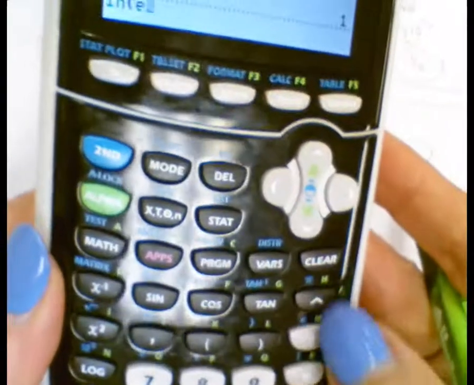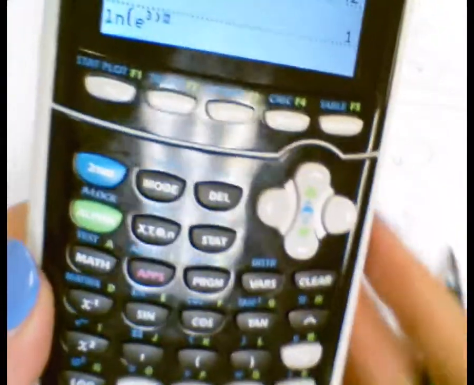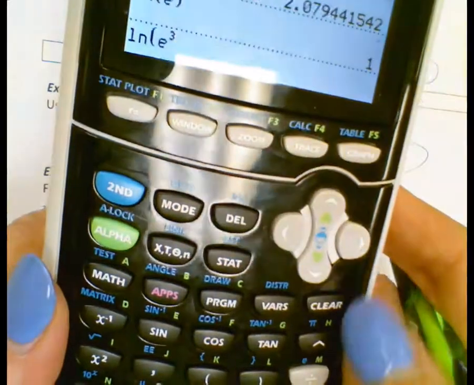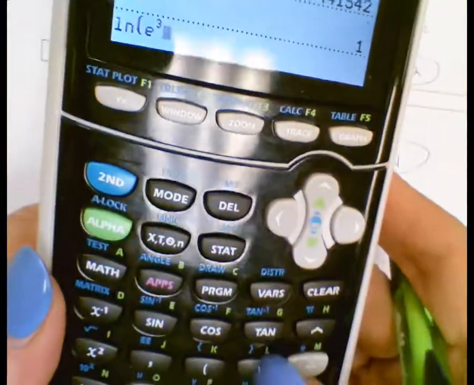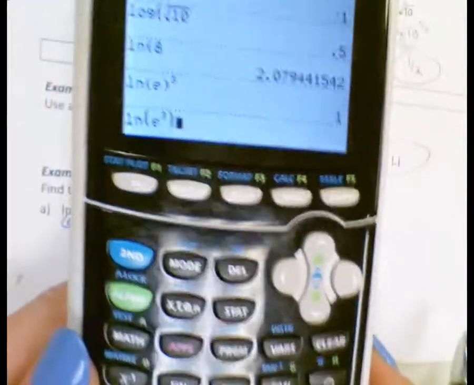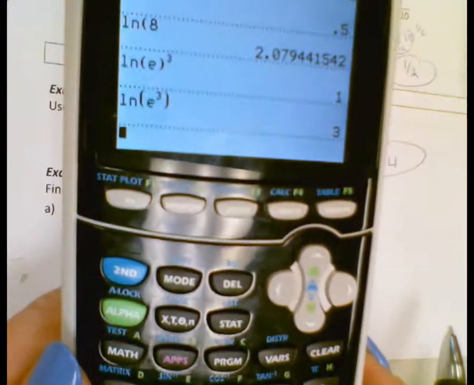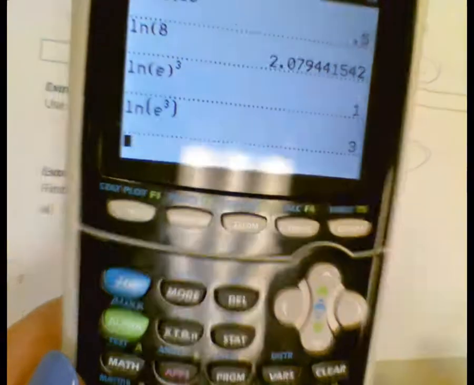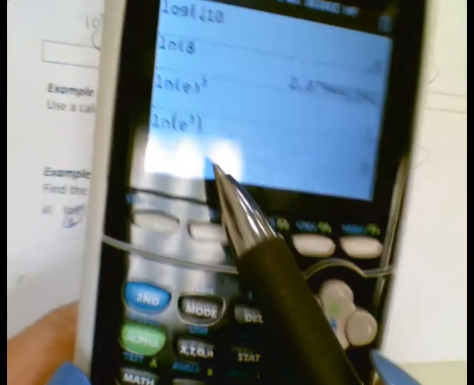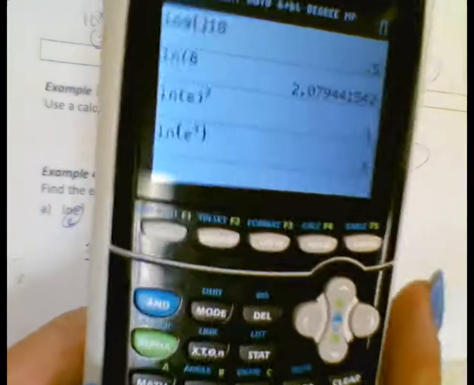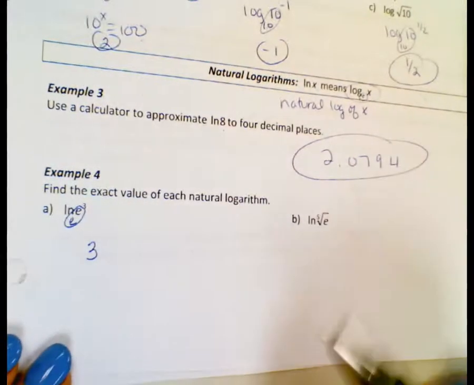Second division, the 3's got to be on the inside of the parentheses. Delete that, make a big parenthesis. There. Punch it in like that. I think that's the better way. There's the 3. The answer is definitely 3. So you have to be careful how you punch it in. See, that's wrong. This is right. Answer is 3.